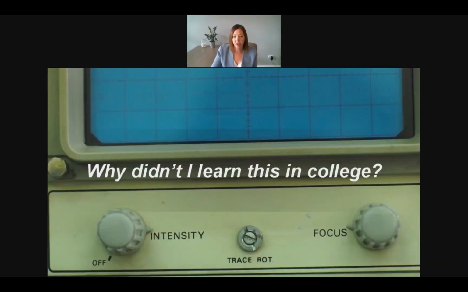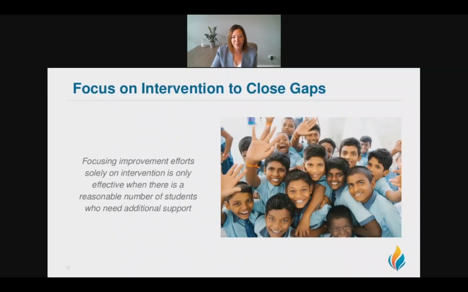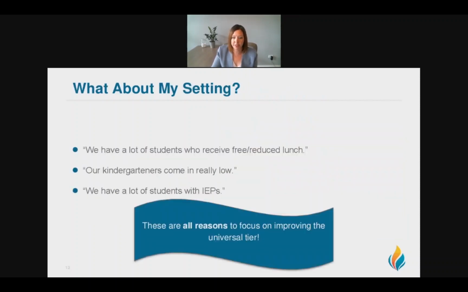That's why when we think about the universal tier, we really want to focus on getting effective universal instruction in place so that our interventions can be focused toward just a few students and can be more effective for those students.